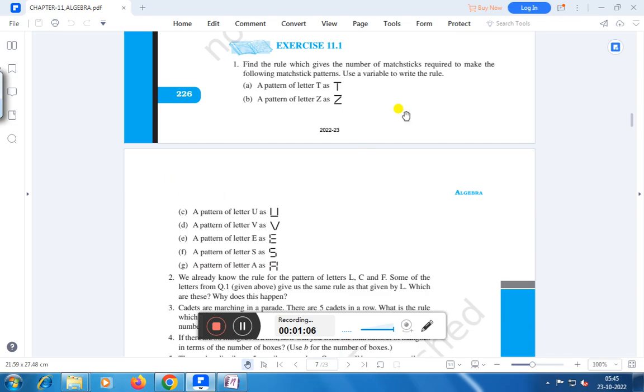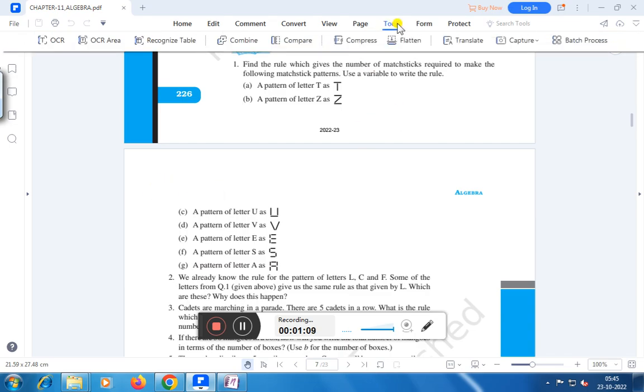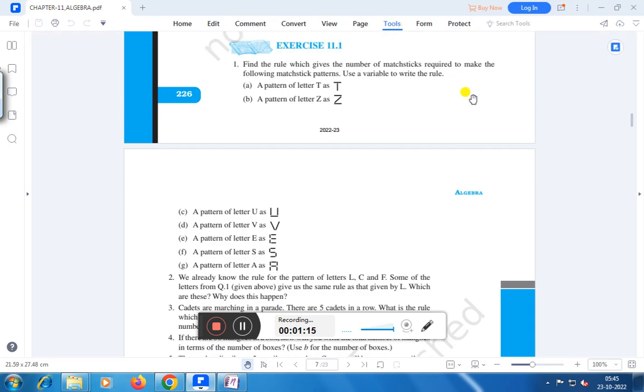And you can write here that the pattern of letter T has 2n. It is 2n.